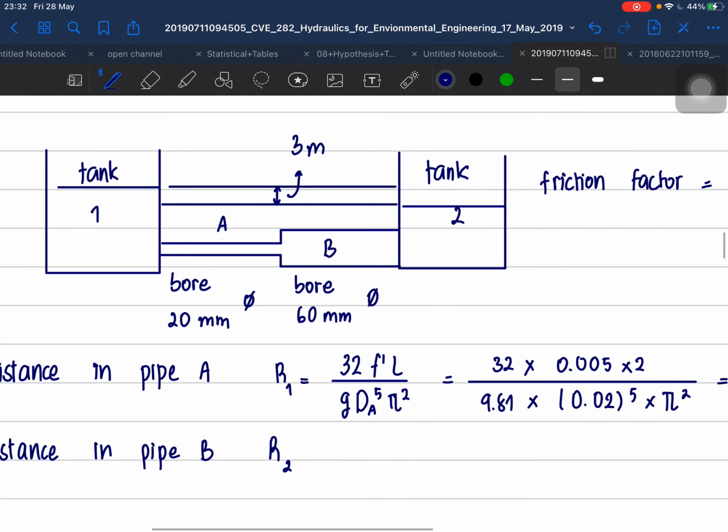The first is pressure loss in pipe A, and then pressure loss in pipe B, and then the pressure loss at a sudden enlargement, and the loss at exit, and then loss at entry. Okay, so 1, 2, 3, 4, 5. So you can see all the pressure loss in all those things.